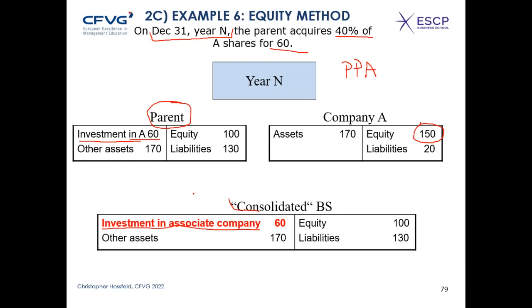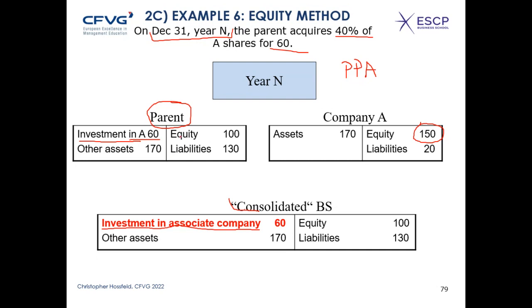The name of this line is not standardized. So in my slide, for example, I call this investment in associate company. It could be called equity method investments, or something else. But you will clearly see that on this line only, we use the equity method.